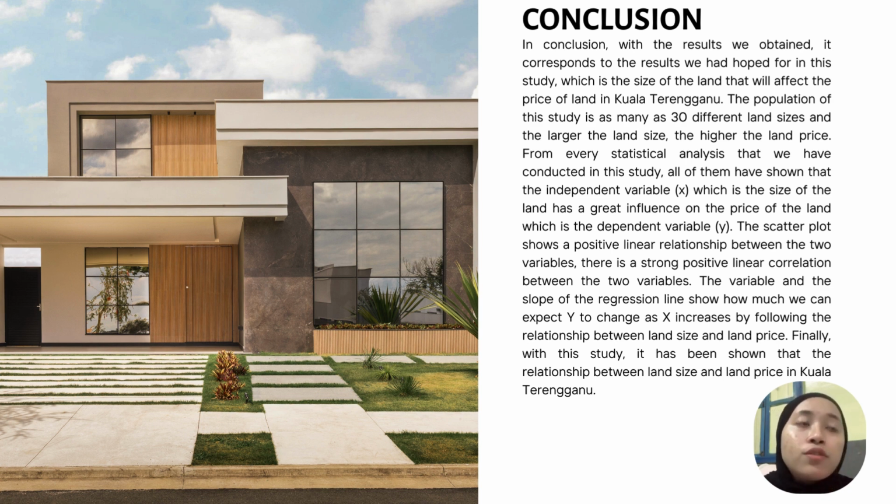There is a strong positive linear correlation between the two variables. The slope of the regression line shows how much we can expect y to change as x increases, following the relationship between land size and land price.